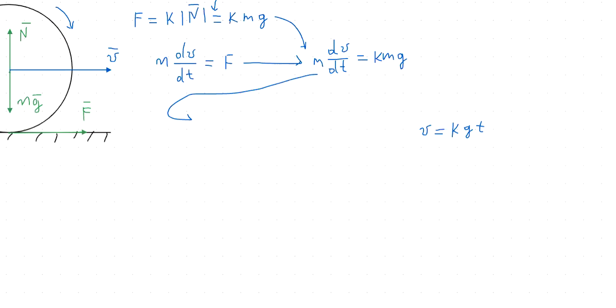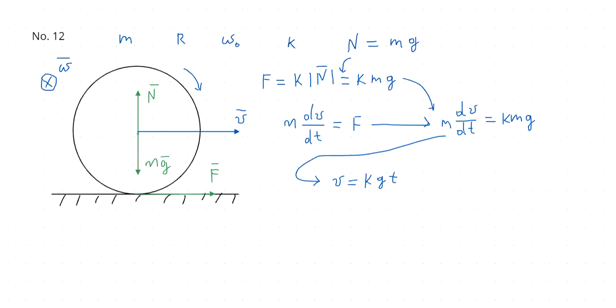The velocity of motion of the center of mass of the cylinder is v, that is equal to kgt. So this is velocity v.